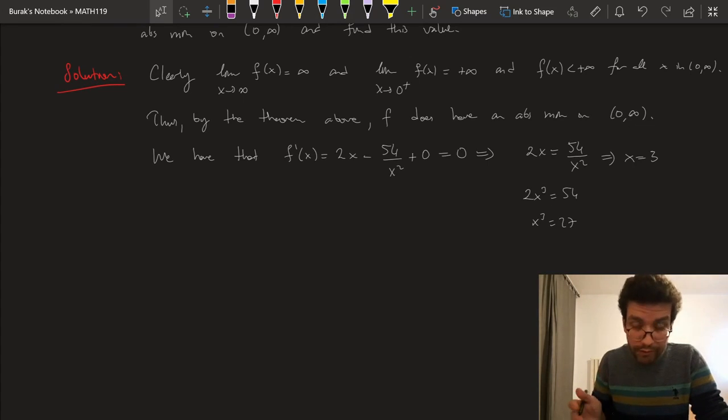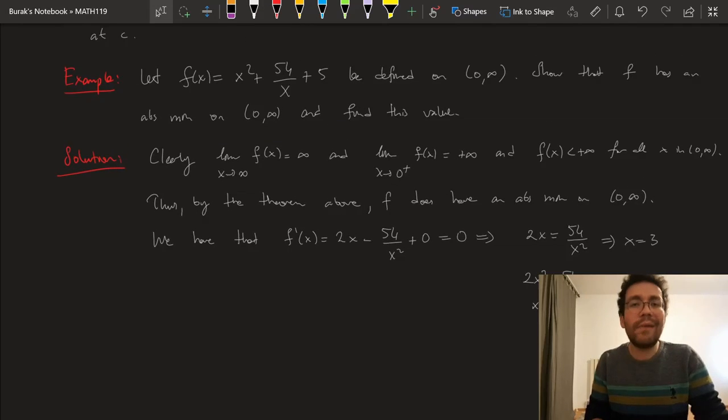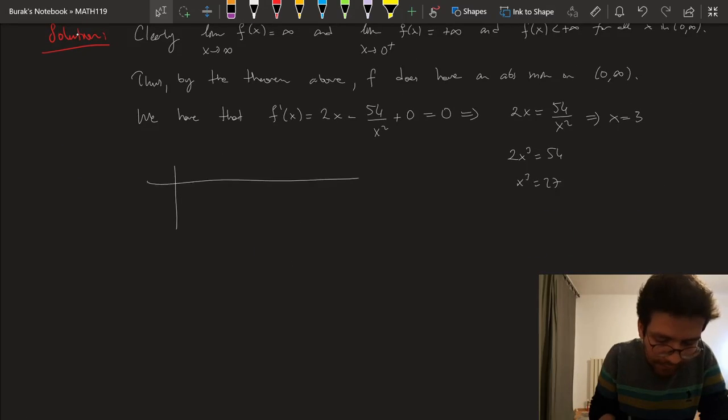Okay, so I have a critical point. I also have one singular point, which is 0, but the problem is 0 is already not in the domain of this function, so I don't have to consider that a singular point. So this is my table now. It goes from 0 to infinity, so I'm just going to leave this part open. This is my x values, f prime of x, and at 3 I do have a horizontal tangent line.